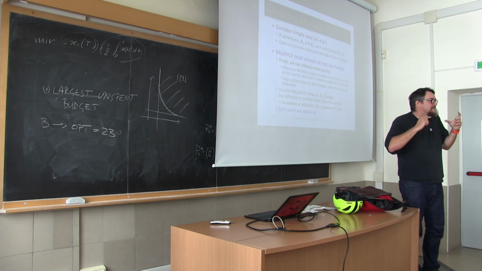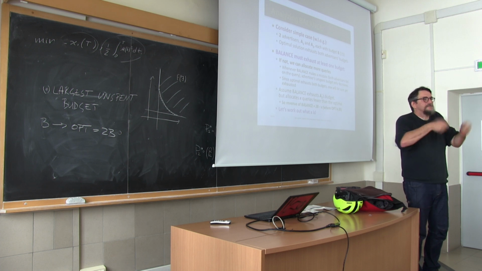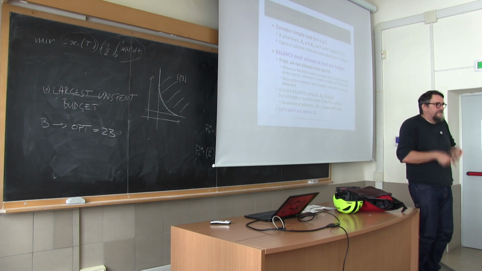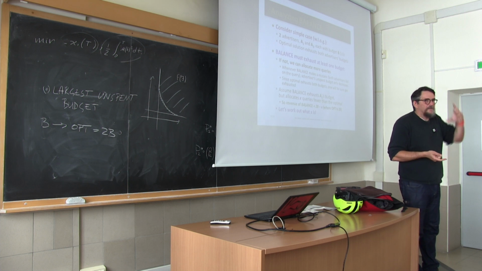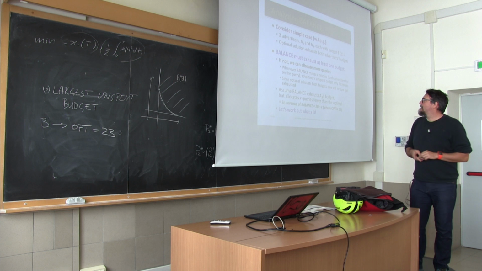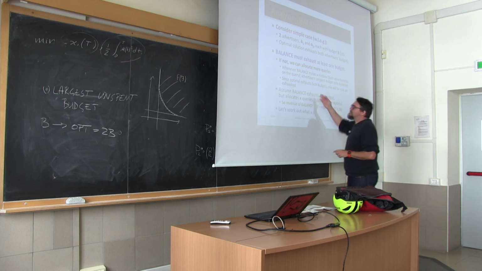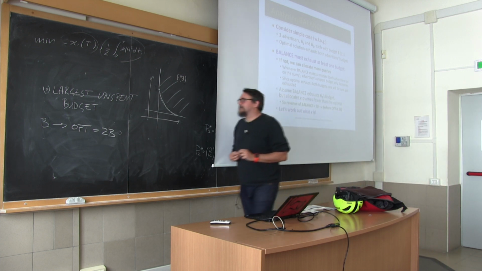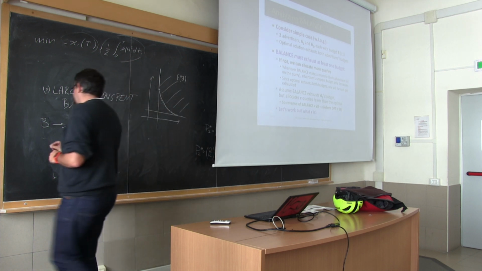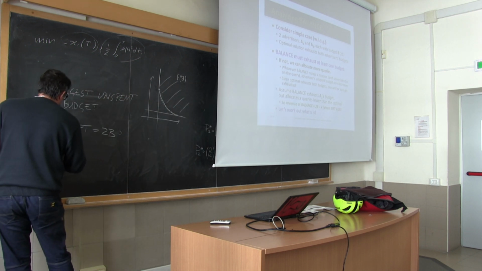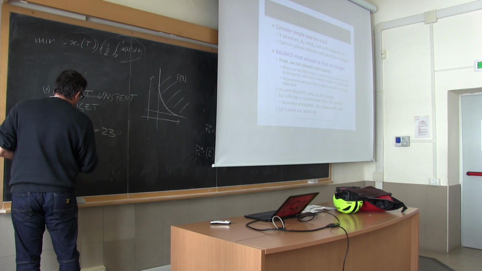The argument is simple, because if this is not true, I can still allocate budget. But eventually, over time, I will allocate all the budget of one of the two. Now let's assume, for the sake of simplicity, that the budget of A2 is exhausted.